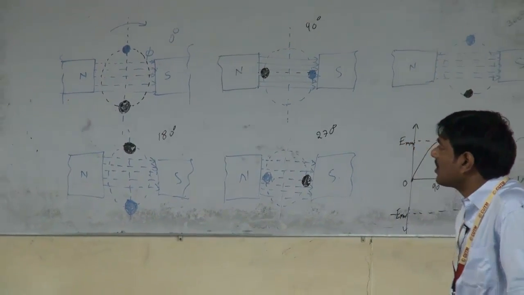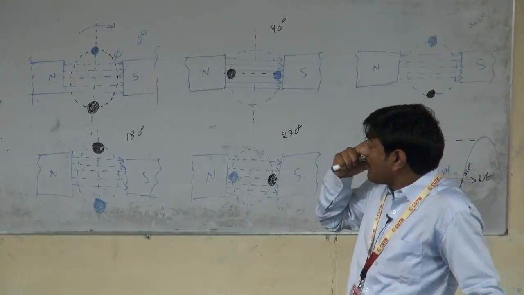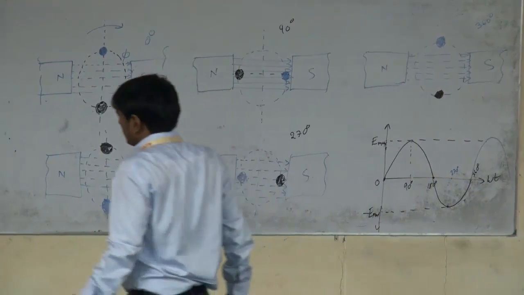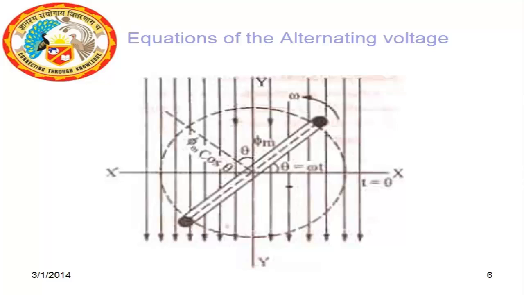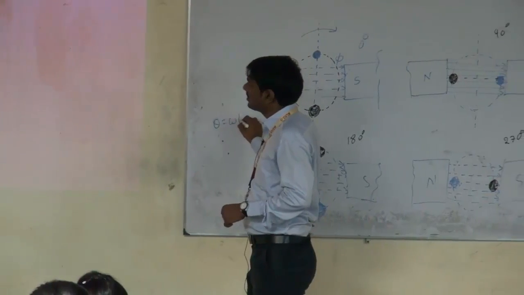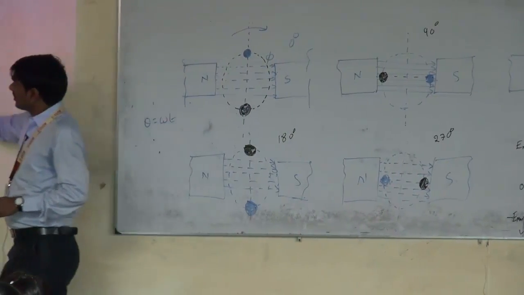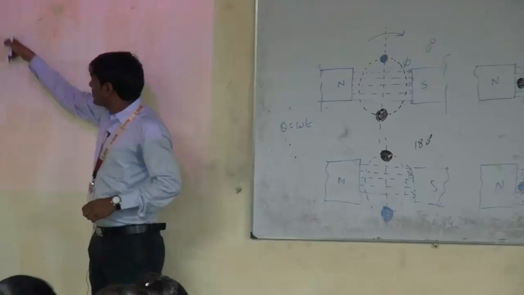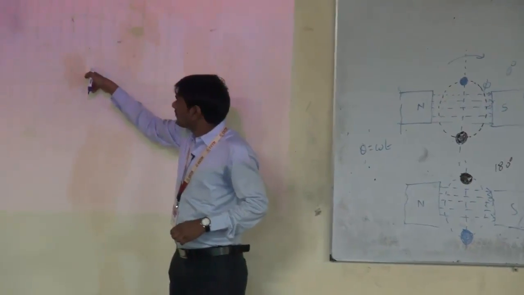And after some time, the coil makes an angle theta. This is the coil axis, and this is the axis which is perpendicular to the coil, orthogonal. After some time the coil makes an angle theta, where theta is equal to omega t, and at this position the flux is maximum.